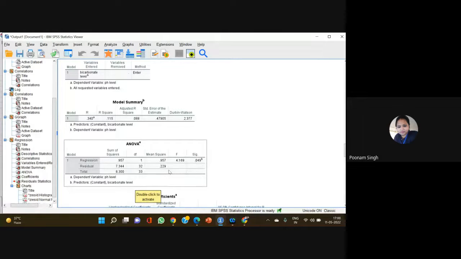And if this ANOVA was not significant, we cannot move further to the interpretation, because in that case our result will not be significant.